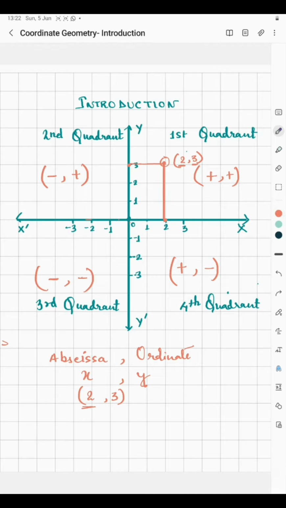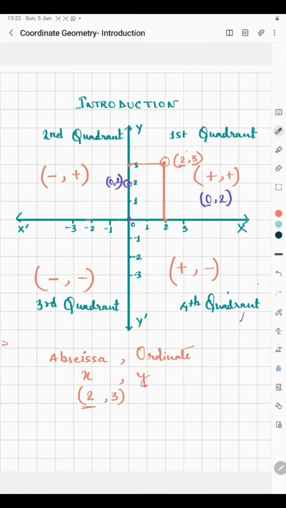Now to understand this in a better way, let us take a few examples. Say 0, 2. How do we locate 0, 2 on the graph sheet? 0 is the value of x, so here is 0, and 2 is positive, so we'll have to move to the upper part of the origin. That means here is 2, so here is 0, 2.